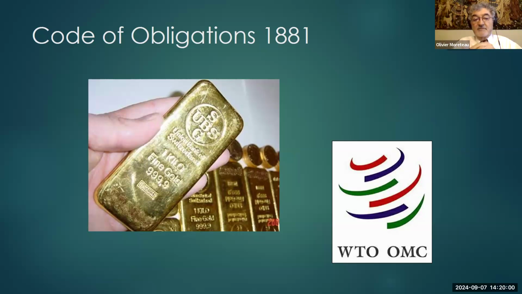And we know also, of course, of the banking activity. It's now the seat of the World Trade Organization and many other United Nations organizations. So this code was adopted in the late 1800s, in 1881.